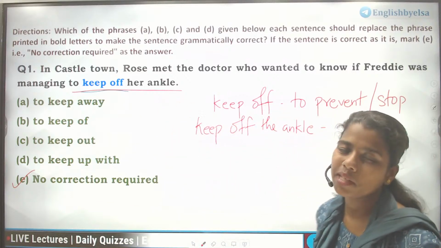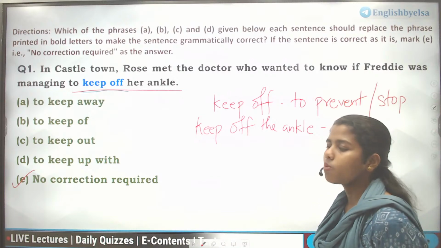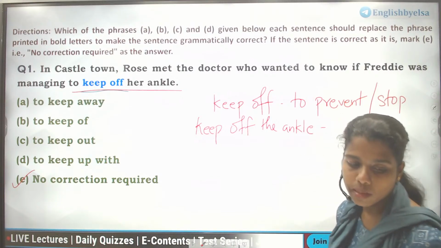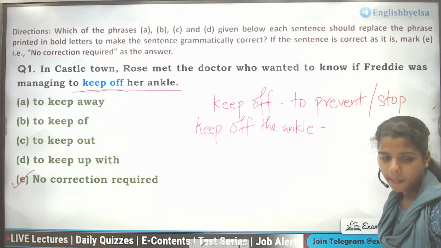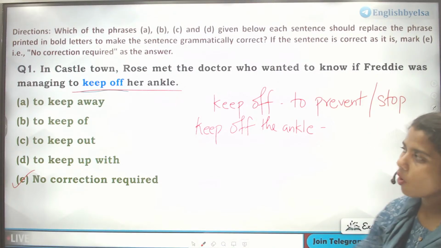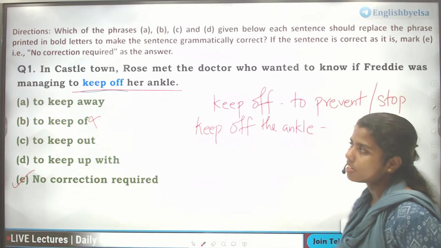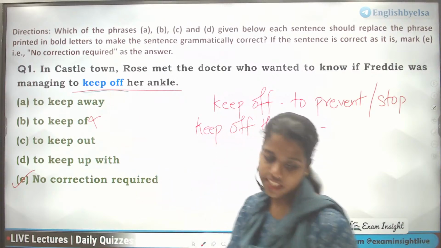Because the written statement is correct. There is no correction required. That is why option E is the correct answer for question number 1. To keep off, there is no such phrasal verb as such. It is just for your confusion. Keep off, this is the correct phrasal verb.